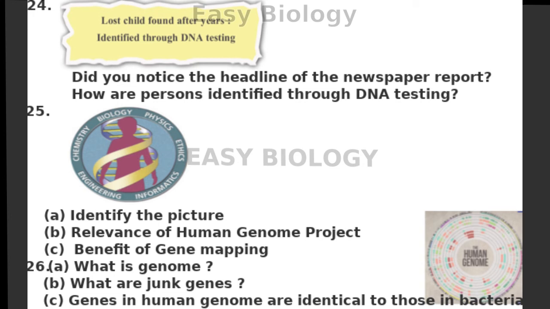Answer: just like the fingerprints of each person differ, the arrangement of nucleotides in each person also differs. The arrangement of nucleotides among close relatives has many similarities. So DNA fingerprinting is helpful to identify the persons found after long periods of missing.